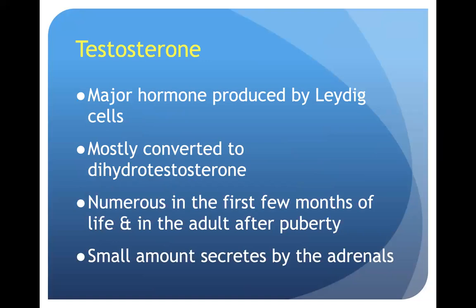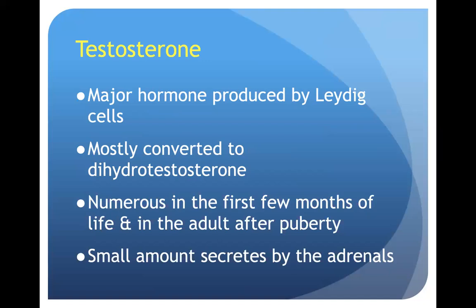So your testosterone, marami siya during the first few months of life, and then it will decrease until you reach your puberty again. Doon niya pa lang uli ma-reach yung adult amount ng testosterone. And then take note that small amount is secreted by your adrenals. But the bulk of testosterone needed for you to have the secondary male sexual characteristics will come from your testes.